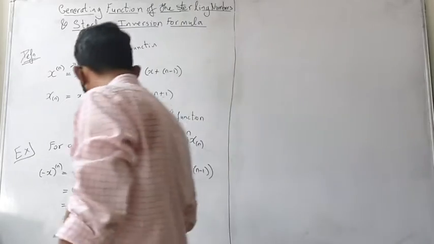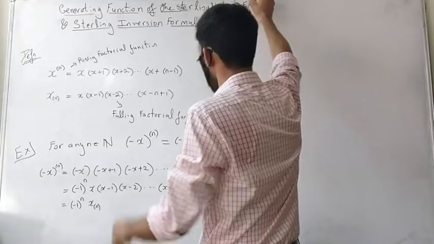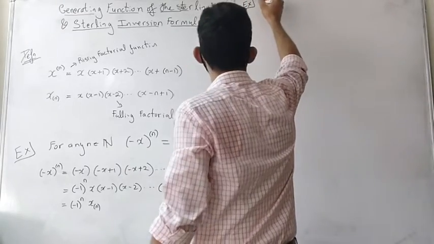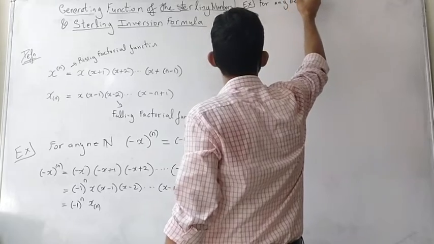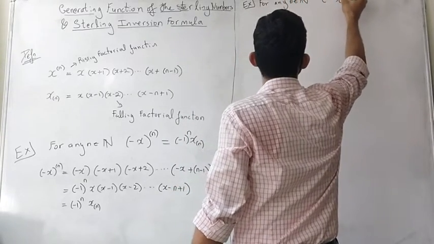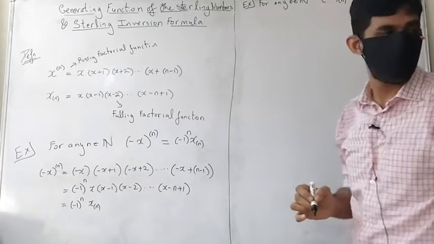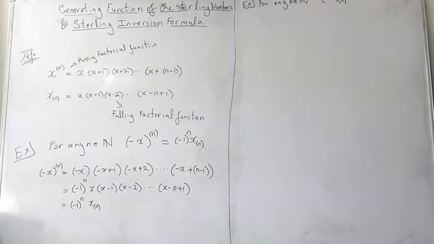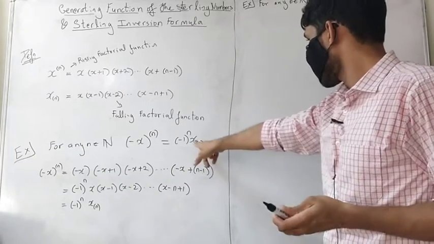Similarly, someone can tell me, in fact it follows as a corollary to this, that for any n in N, what would be minus 1 rising n? Think about it.